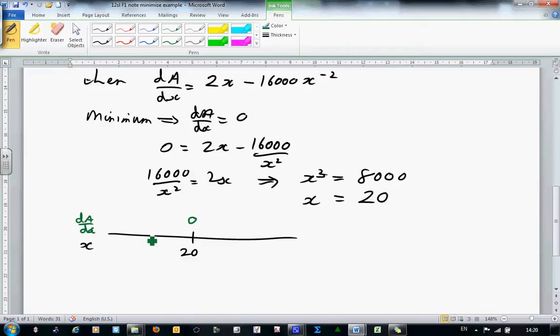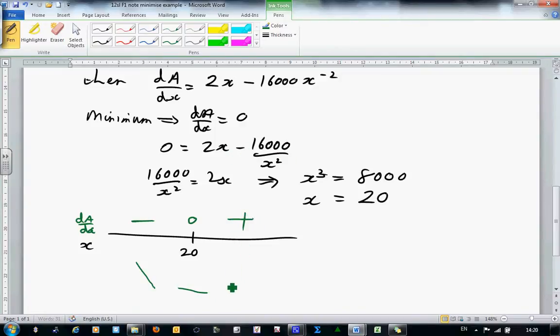Now let's have a look now. What we're looking for now is something bigger than 20. Let's go with 40. 40 squared is 1600, which gives us 10 here. And 2 times 40 is 80, take away 10 is 70, that's positive. So we have a positive slope there. And so we can clearly see that this shape would indeed be a minimum.